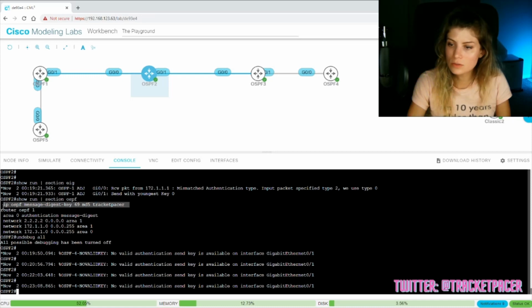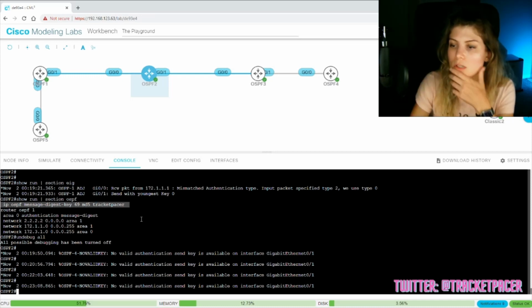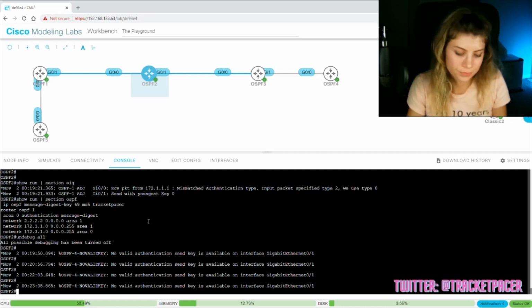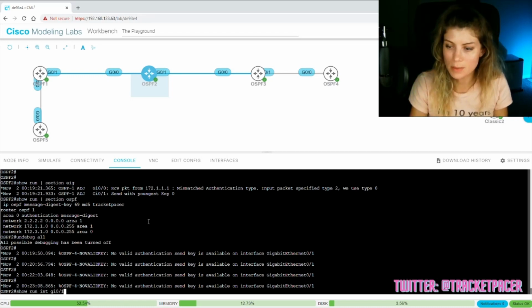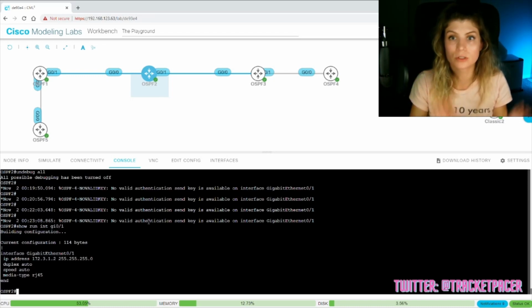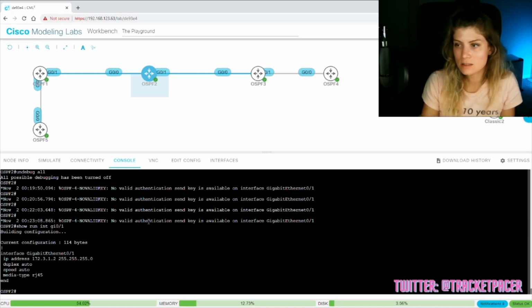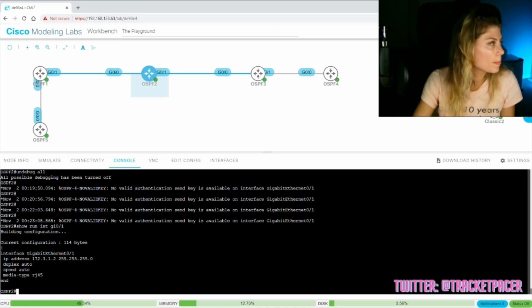See, I have message digest key. Maybe the book is somehow wrong. And you have to configure it on OSPF.